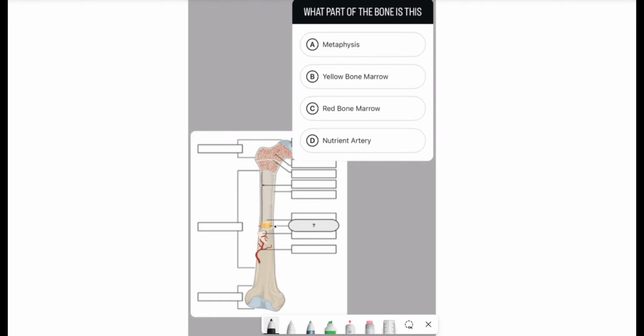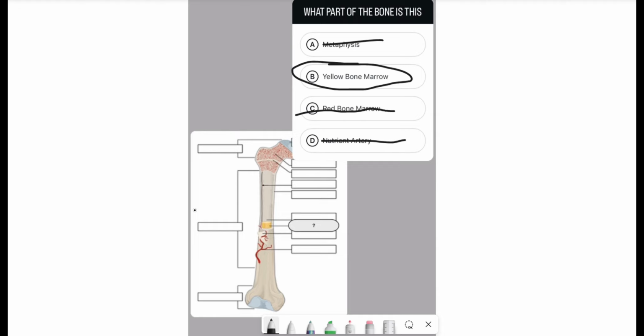Alright, so here, this kind of looks like it's pointing to a bone marrow. So we can rule out the nutrient artery, and we can rule out the metaphysis. Alright, so based off the color, you should be able to determine that this is a yellow bone marrow. But let's say it didn't have a color, and you just knew that it was bone marrow. Based off its location, would you be able to deem if it was red or yellow?